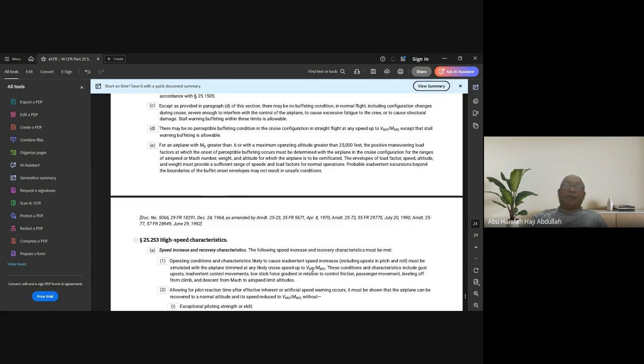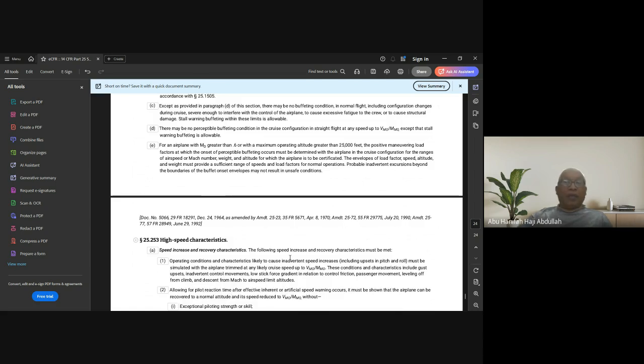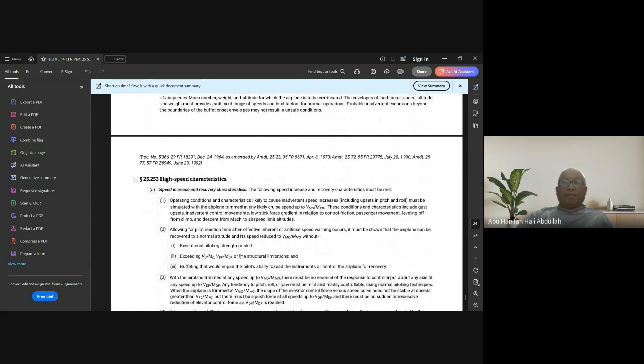For example, you do a turn and suddenly the speed increases. Then you have to show whether it occurs or not. If not, it is not applicable. But if there is any tendency in flight for the speed to increase in certain activity, then you have to do 25.253 high speed characteristics.